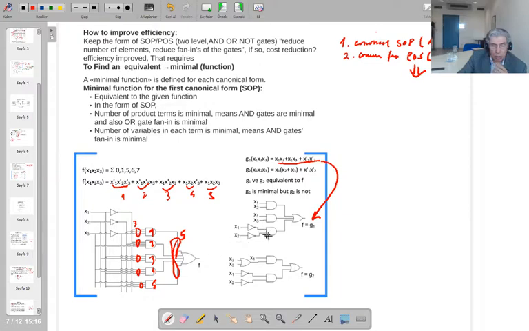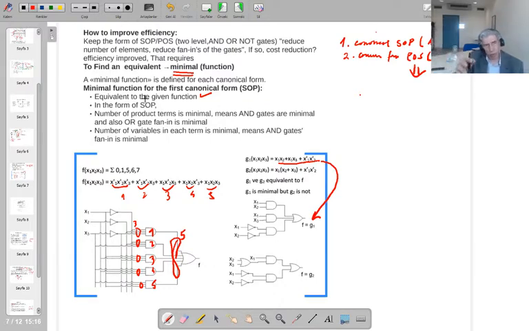Okay, then how can we increase the efficiency? We need the definition of minimal function. What is a minimal function? Here it says it is equivalent to the given function. There are two minimal functions that we can design: one for the sum of products form, the other one for the product of sums form.